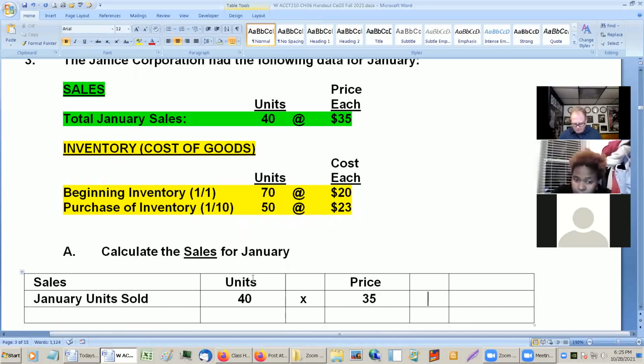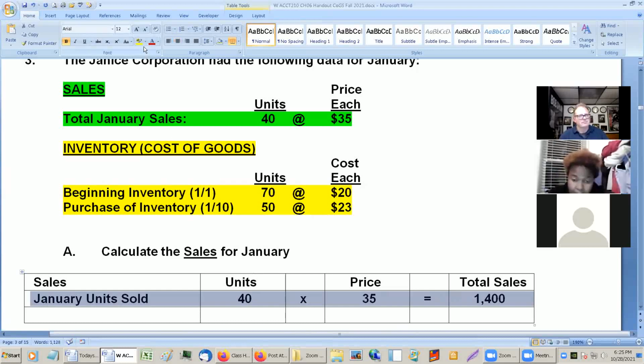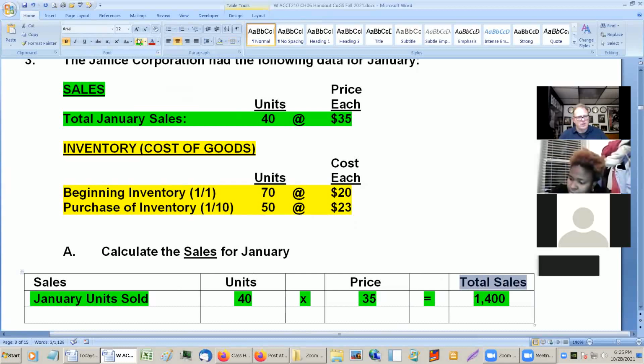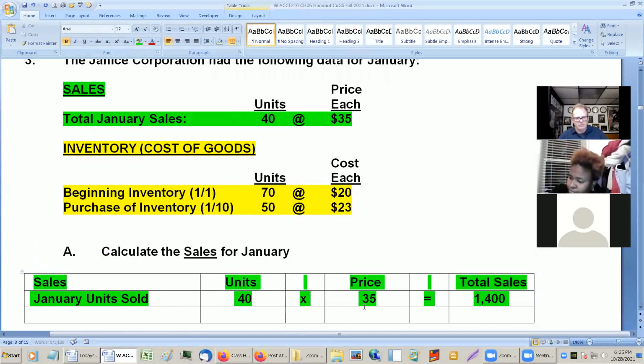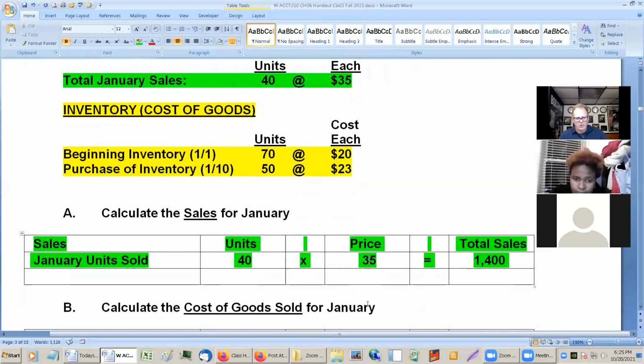It's 1,400, I think. Let's see the total sales. 1,400, yeah. And so this is what they took in.